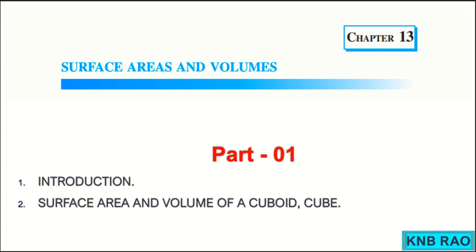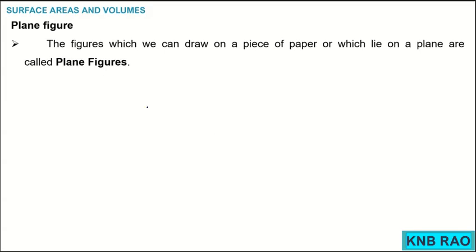Now coming to the meaning of plane figures. The figures which can be drawn on a piece of paper, that is, which lie on a plane, are called plane figures.